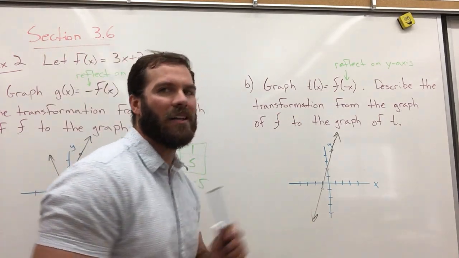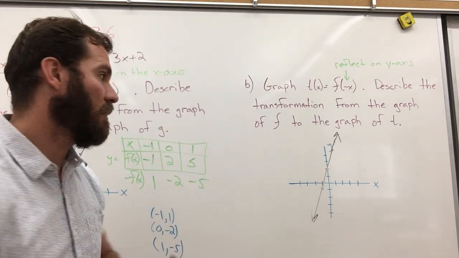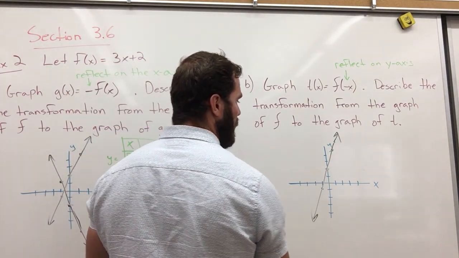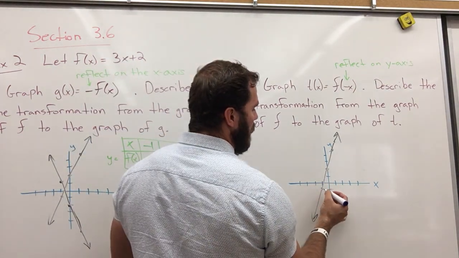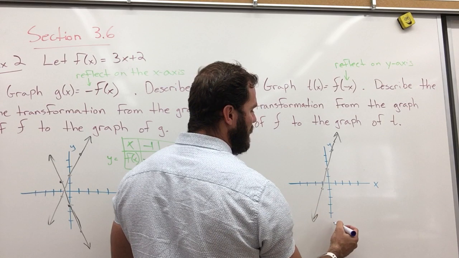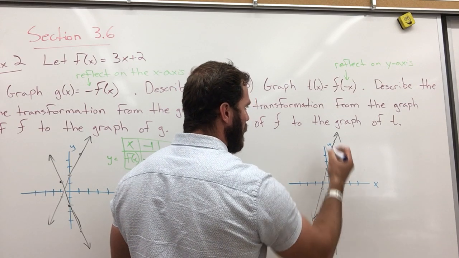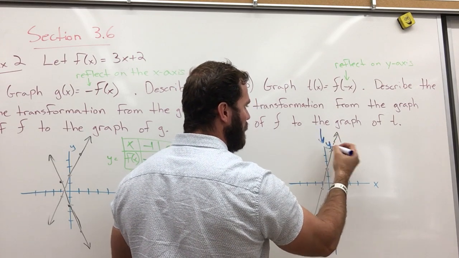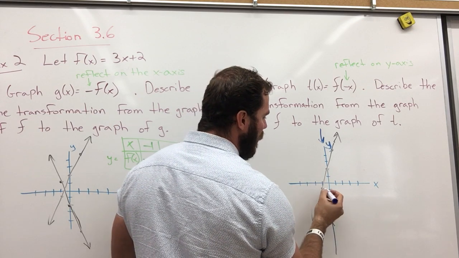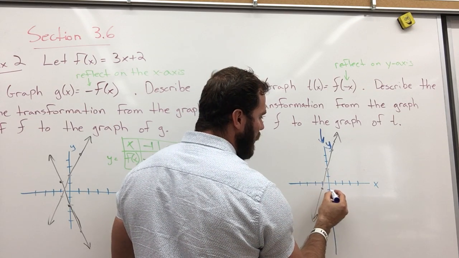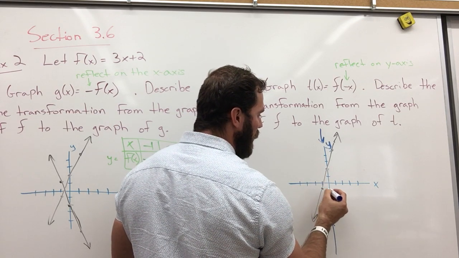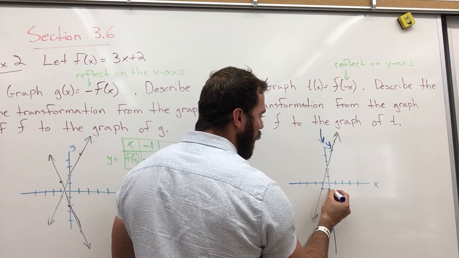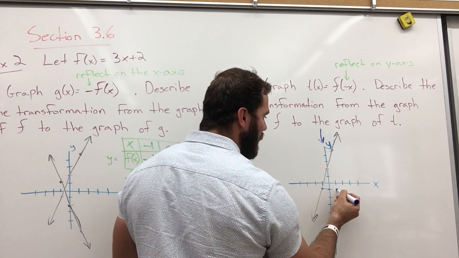So this I could do without doing a table. Watch, I'll show you. So let's say, if I'm reflecting on this axis, on the y-axis, how far is this point from the y-axis? It's 1 unit away. So if I go 1 unit on the other side, it's like a mirror.